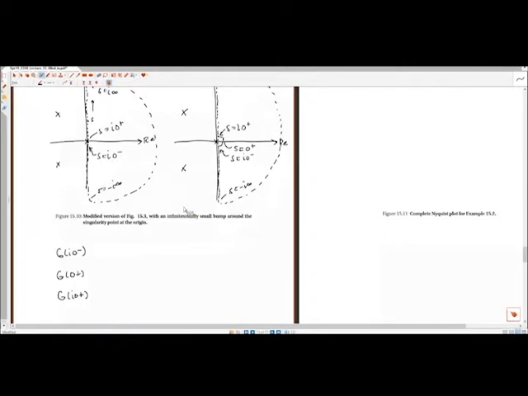If we look, we're going around this contour in the clockwise direction. So this is exactly the sequence in which we're going around. First we hit S = i0 to the left, then S = 0 to the right, then S = i0 to the right. That's the sequence, and in particular we're going to care about the magnitude of these in sequence, so this is sequence 1, 2, 3.